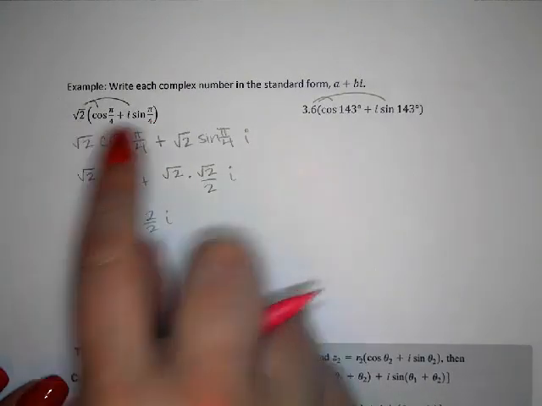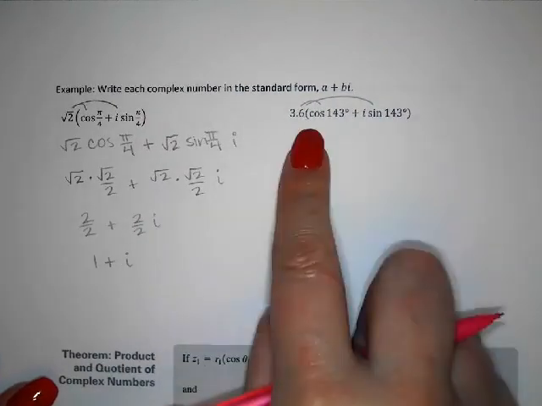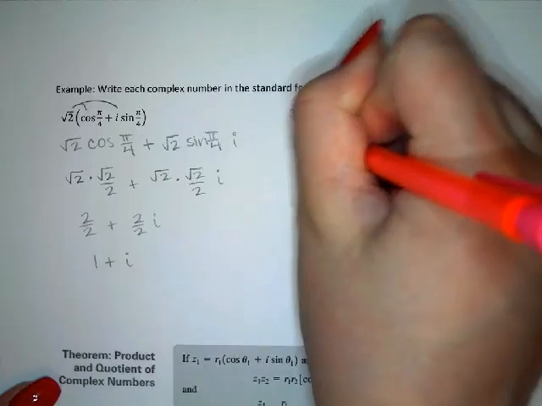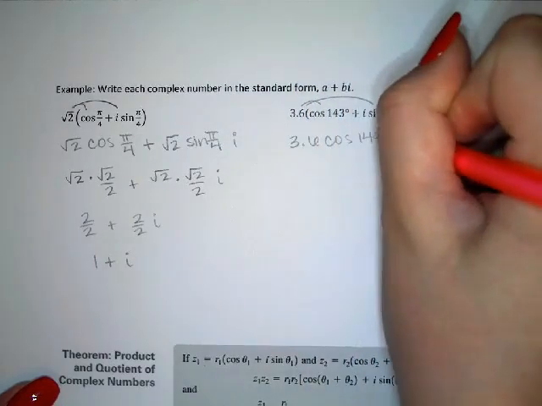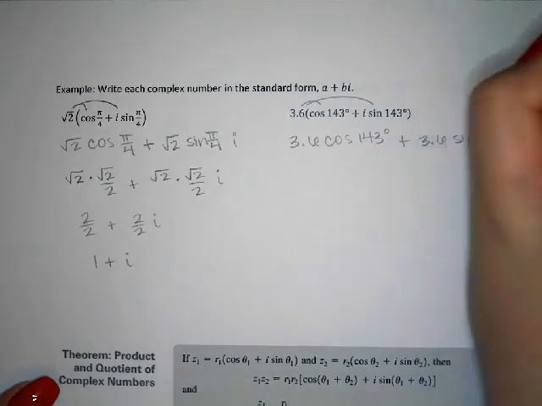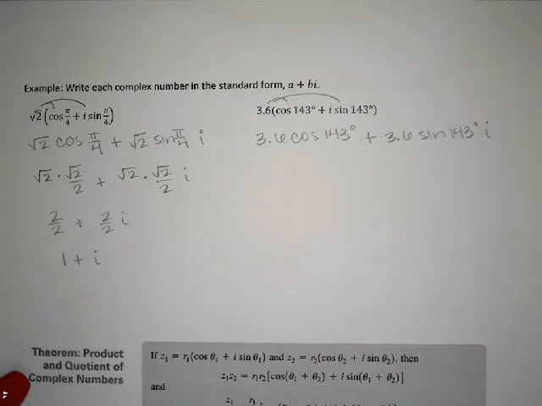Okay, over here, we've got 3.6 cos 143 degrees, plus 3.6 sine 143 degrees, and I'll put the i on the end. And then for this one, we're just going to type it into our calculator, making sure that our calculator is in degrees.